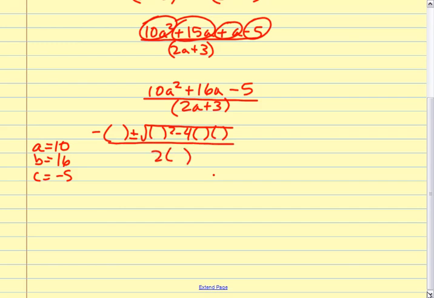Now let's plug in what we've got here. B is 16, a is 10, and c is negative 5. All right, so that's going to give me negative 16 plus or minus the square root of 256 plus 200, all over 20.